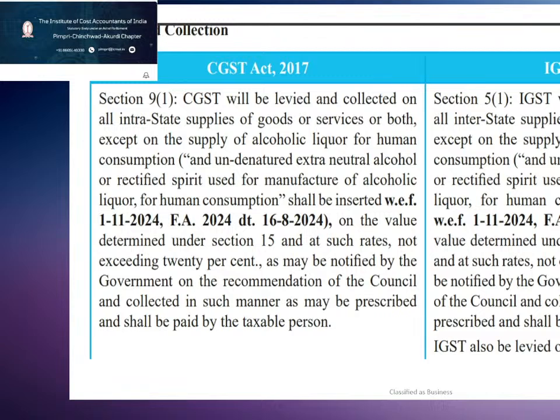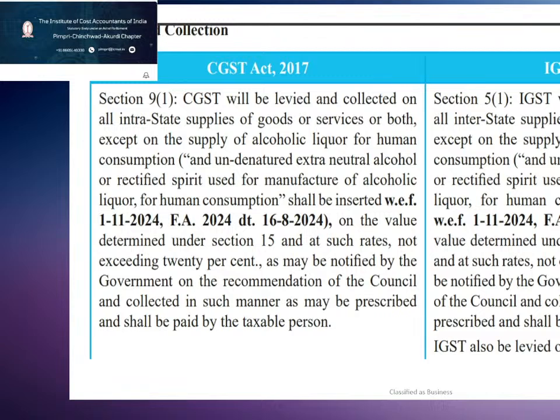So here, as per the CGST Act, the only difference is that CGST will be levied and collected on all intrastate supplies of goods or services or both, except supply of alcoholic liquor for human consumption, on the value determined under section 15. When we move into section 15, after we complete time of supply and place of supply, we have a separate chapter, valuation.